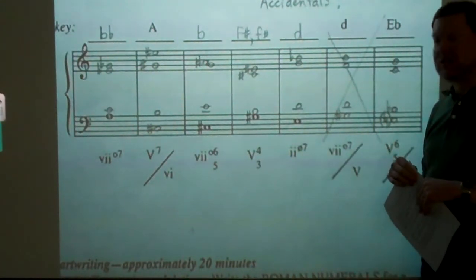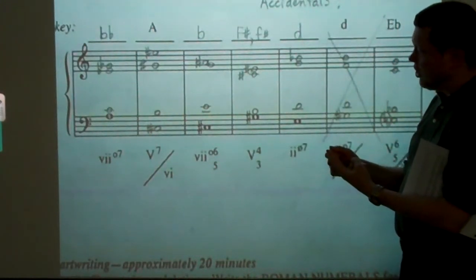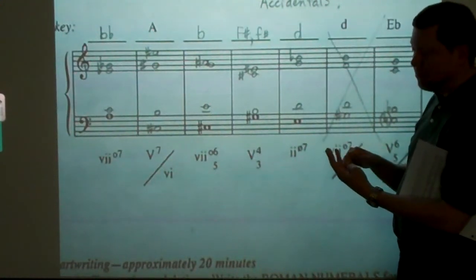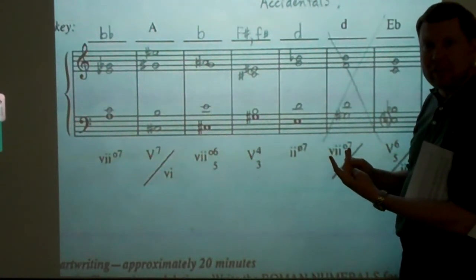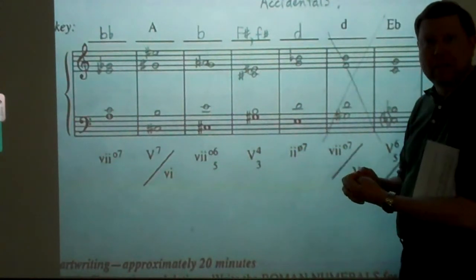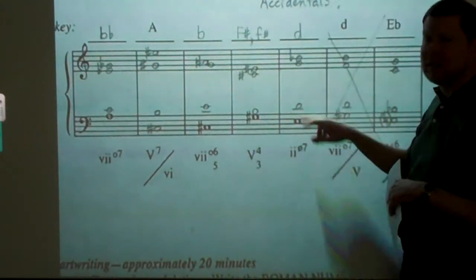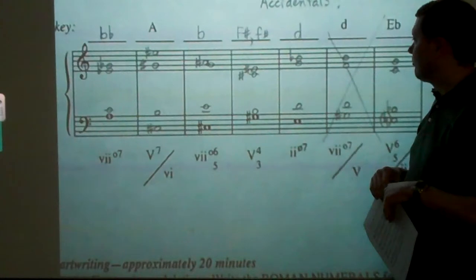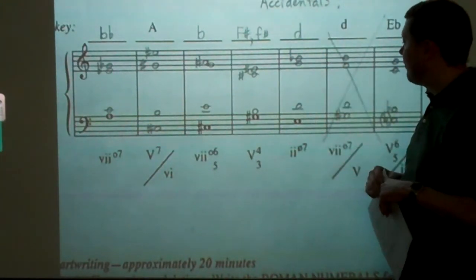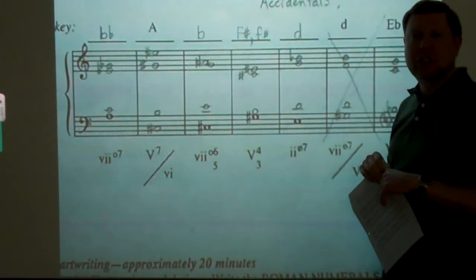To spell a half diminished 7th chord on E, I need E, G, B flat, that's a diminished triad, and then E up to plain D is a minor 7th. So a diminished triad with a minor 7th makes a half diminished 7th chord. So I have E, G, B flat, and D. Again, as long as your spacing is fine between the treble and the bass staff, and you have E as the lowest note, you're good.